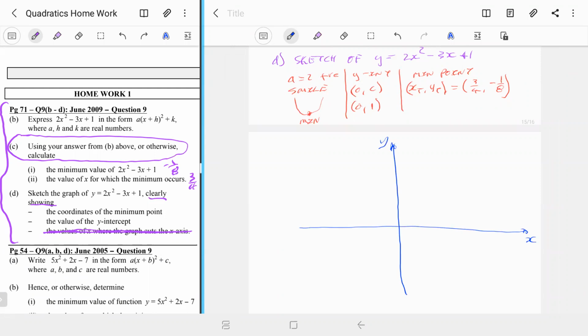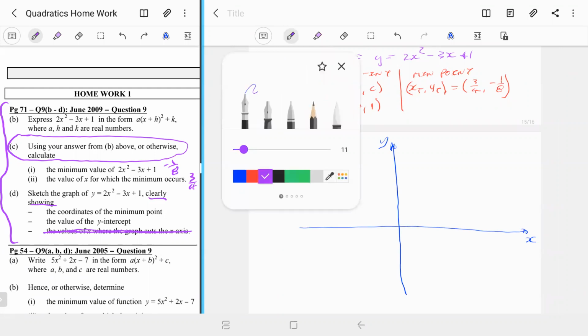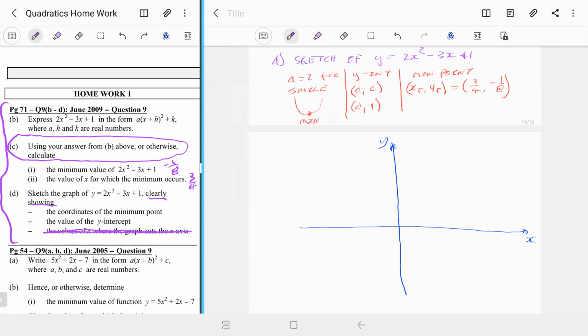All right. Let's draw the y-axis. I'm going to draw the graph in purple. We know it's a smile. Same procedure every time. Where does it turn? Bottom right, where the x value is positive and the y value is negative.